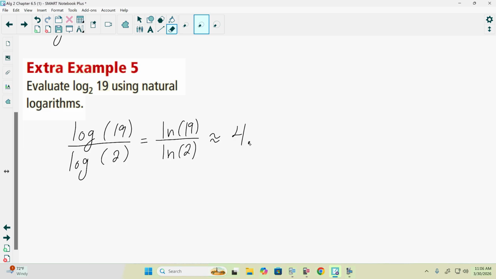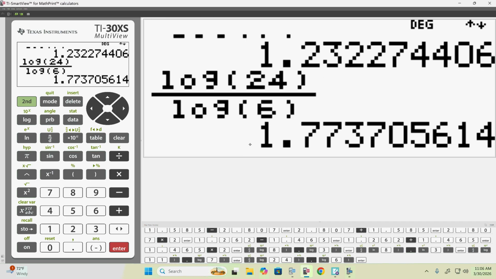What's the difference between the common logarithms and the natural logarithms? The base. The difference between the common logs and the natural logs is the base. Common logs, log is base 10. Natural logs is base e. And that's the only real difference between the two.